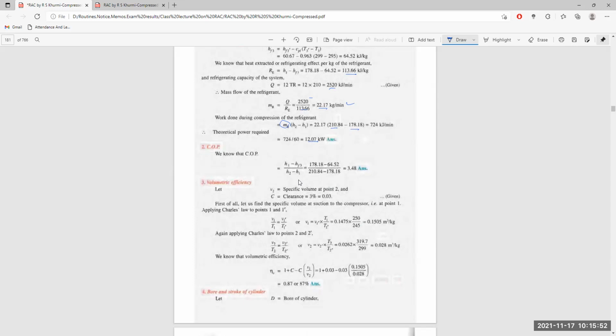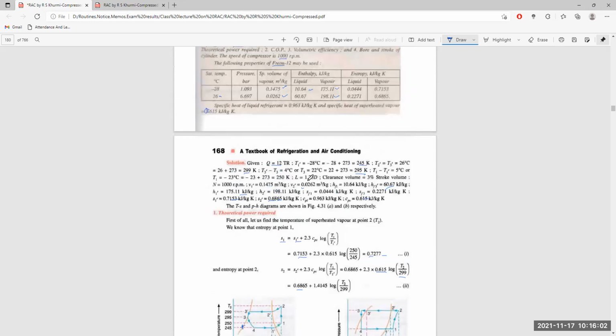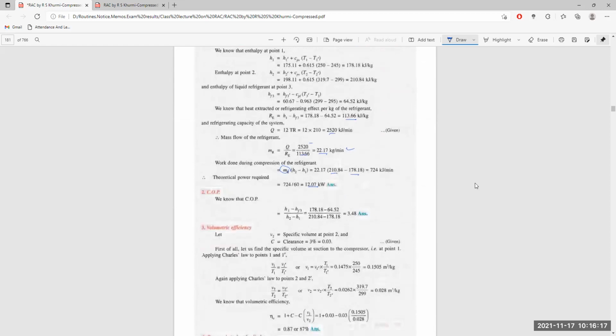V1 dash is given as 0.1475, the specific volume of the vapor at the entrance of the compressor. So we got the specific volume V1 at the entrance, that is 0.1505 meter cube per kg.